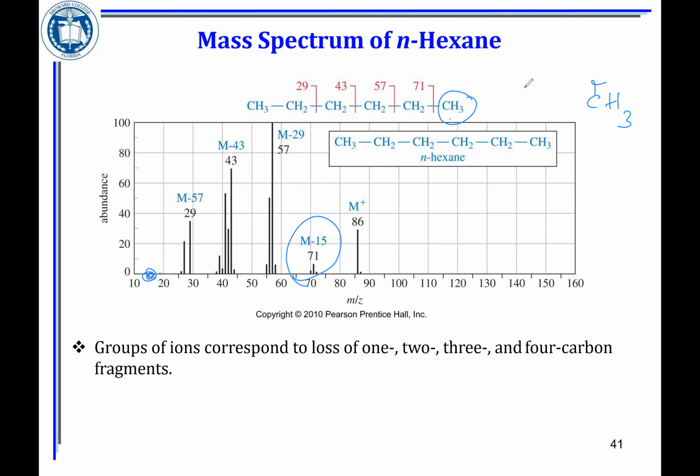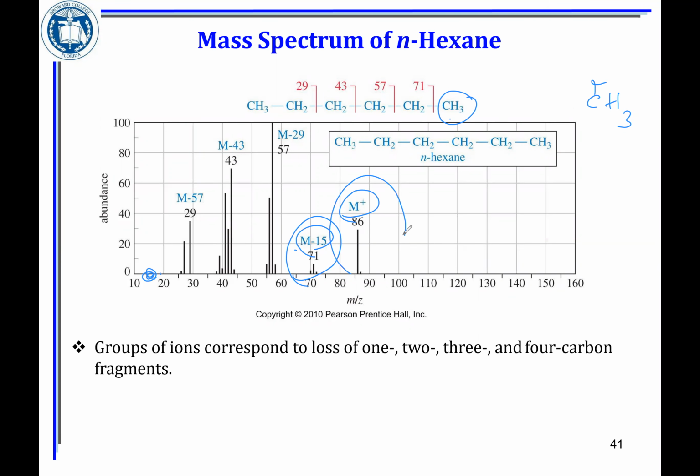We have so many other pieces that are more stable than the methyl group, but we still know that we do have a CH3 attached to this molecule because we could observe M minus 15. That means that the methyl group was cleaved off.